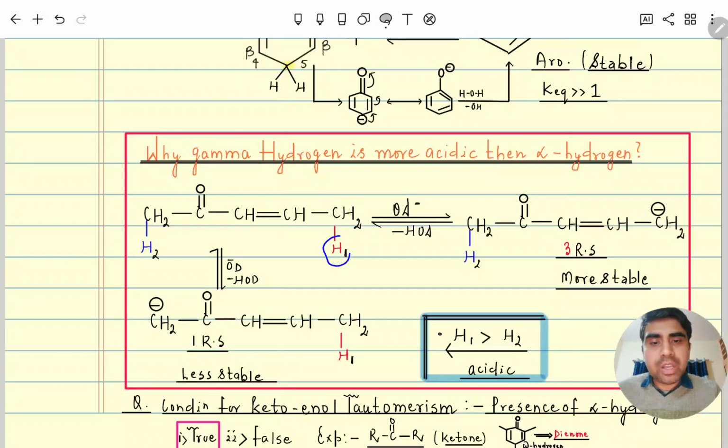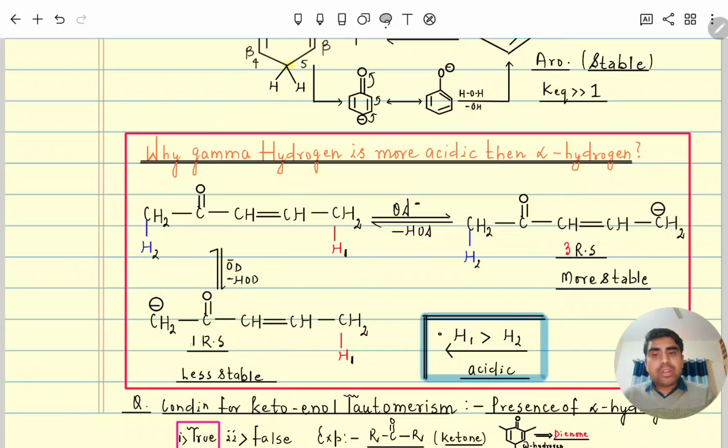The fifth carbon has here, you can see, hydrogen. So this is the gamma carbon: alpha, beta, gamma. So this is the gamma carbon hydrogen. So the alpha hydrogen, as we are abstracting it with, let's suppose, OD minus, HOD came out and it became a carbanion. So how many resonating structures does it have?